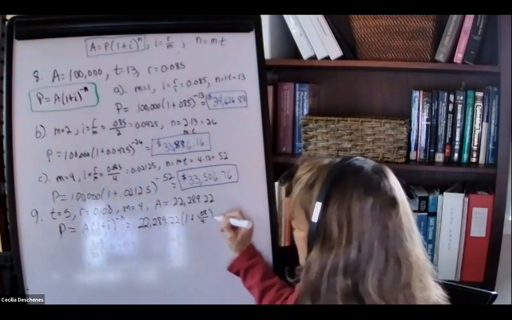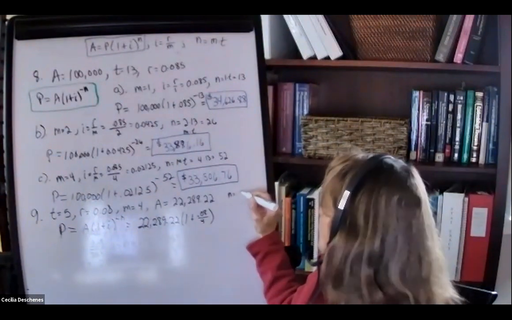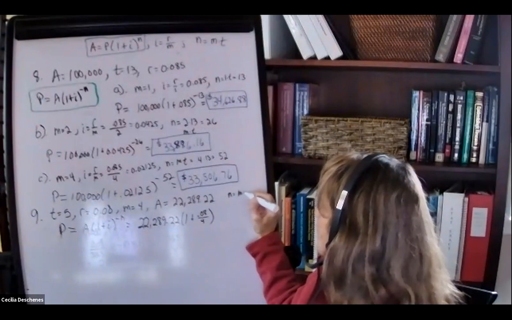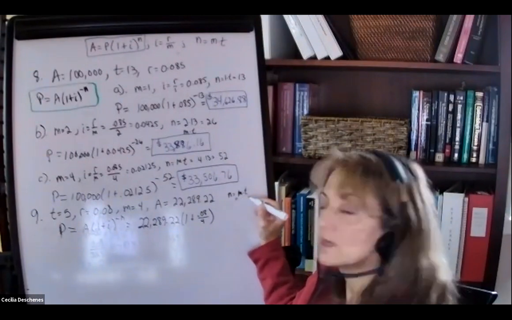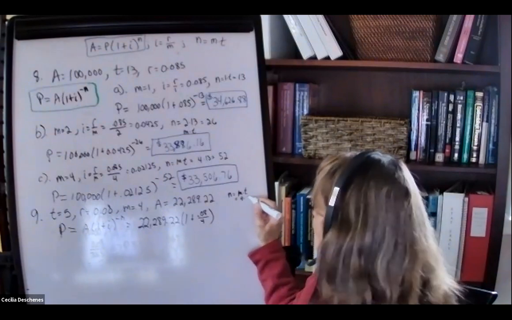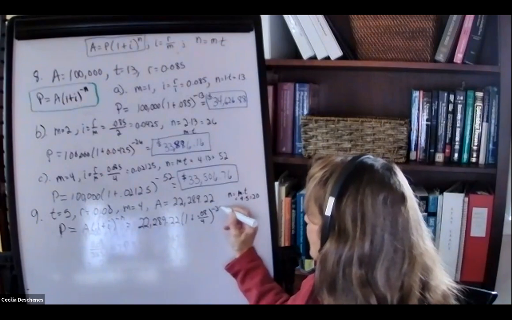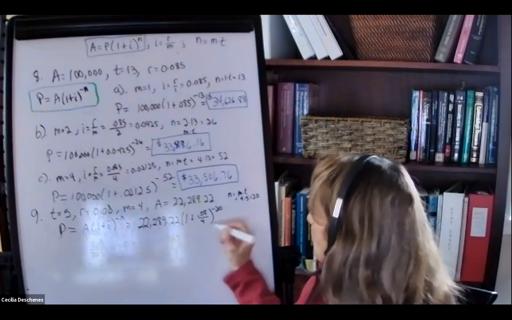I'm just doing it on the fly. And then the N is the M times T, right? The number of conversion periods over the amount of time. So for us, it's 4 times 5 or 20. So our amount up here is negative N, or negative 20.